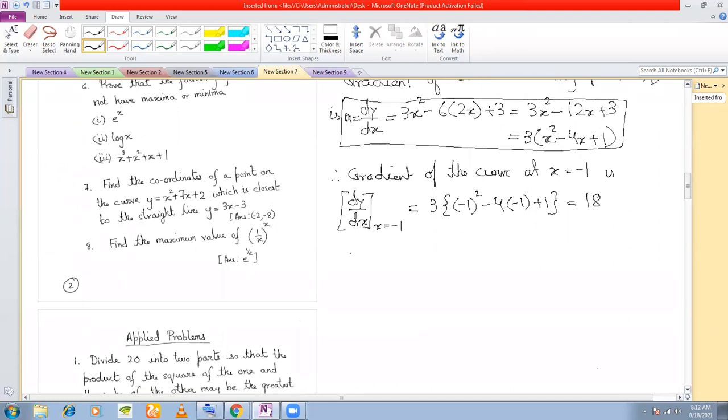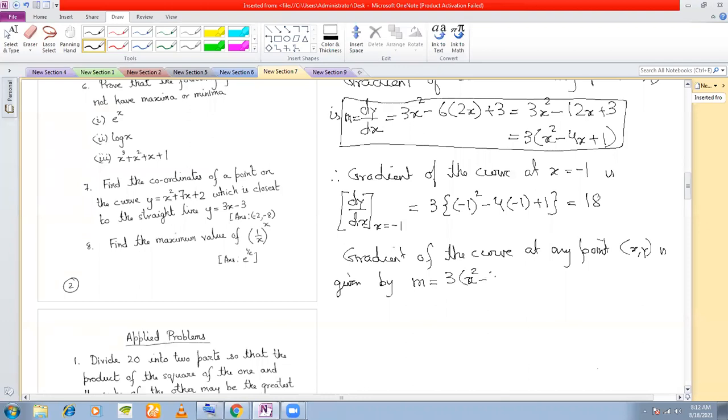So the gradient of the curve at any point (x, y) is given by m equal to 3 times (x square minus 4x plus 1).